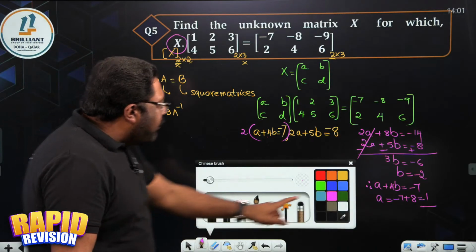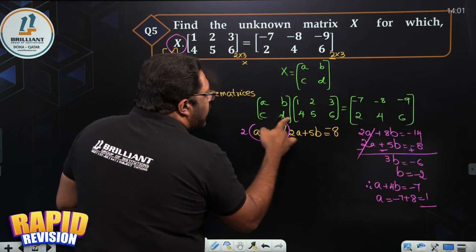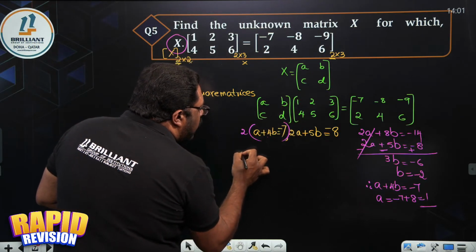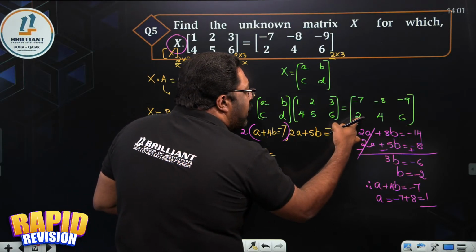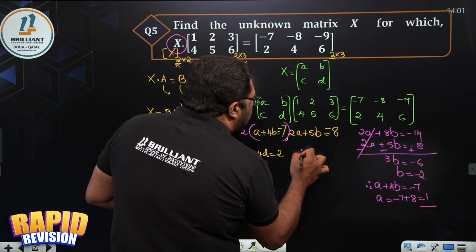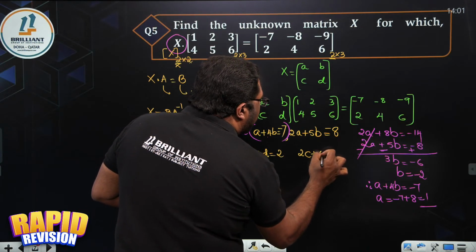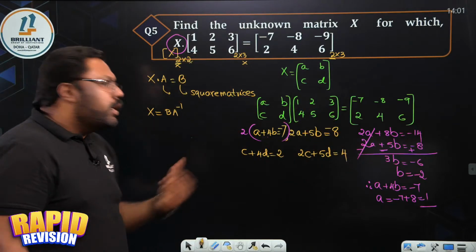Now, the same technique please apply with C and D. When CD multiplied with the first column, you get C plus 4D equal to the first element in the second row, 2. CD multiplied with second column, 2C plus 5D equal to 4. Again two equations, solve it.